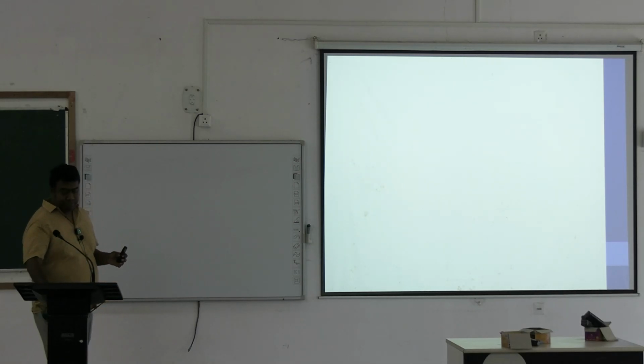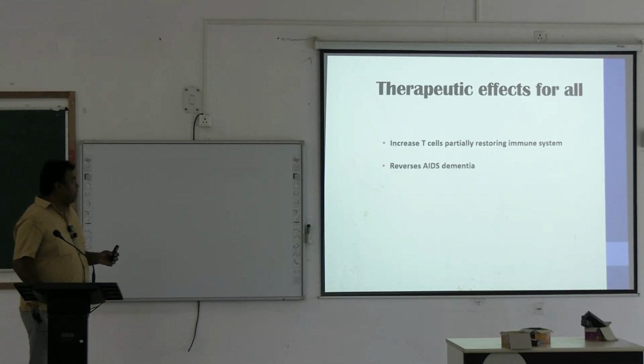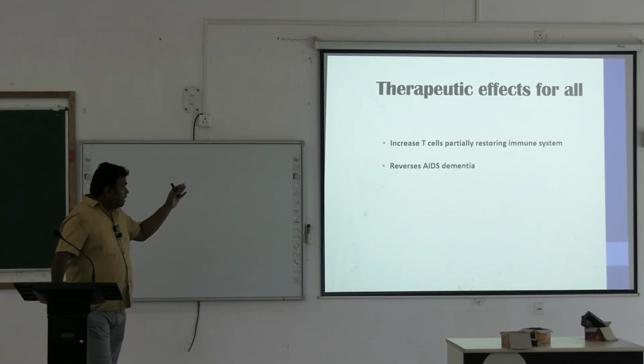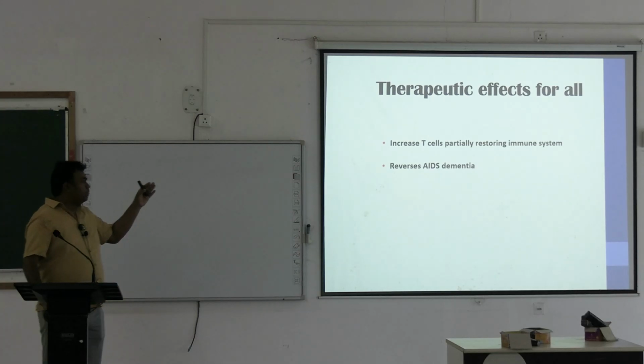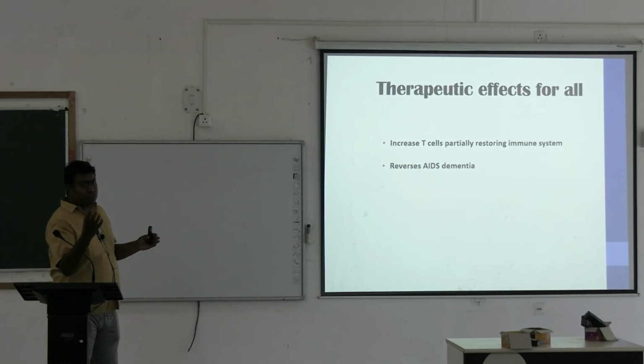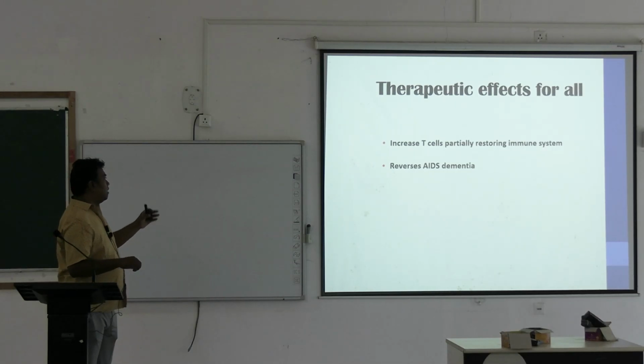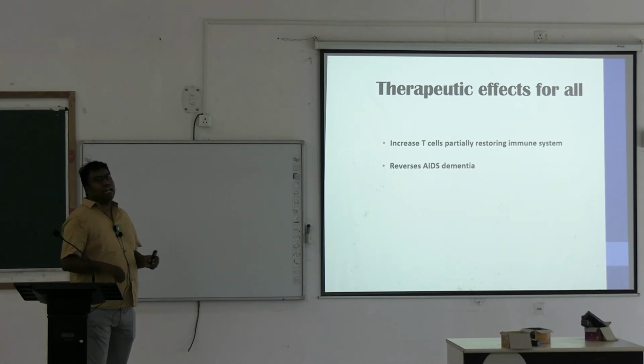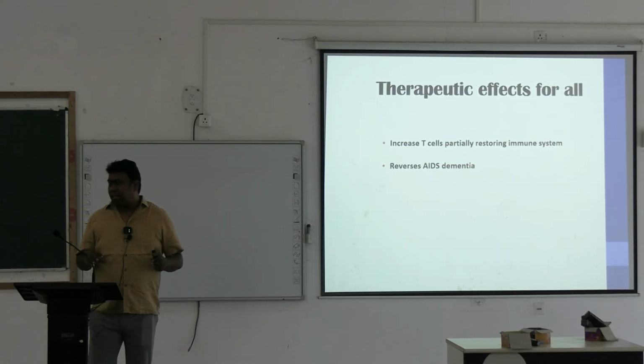Next is the therapeutic effect. All these, nucleoside and nucleotide reverse transcriptase inhibitors, increase T cells and that helps in restoring the immune system. They can also reverse AIDS-induced dementia.